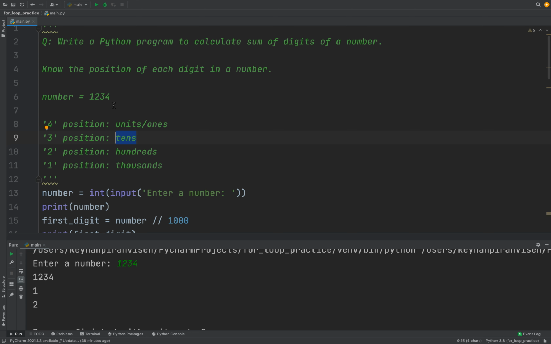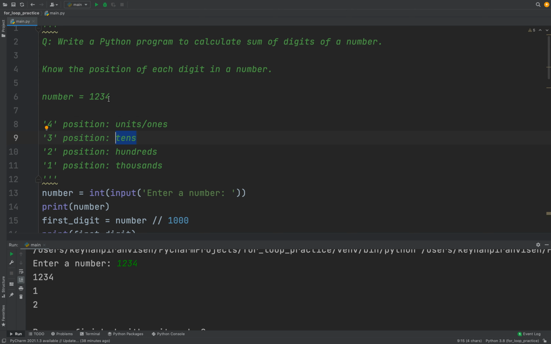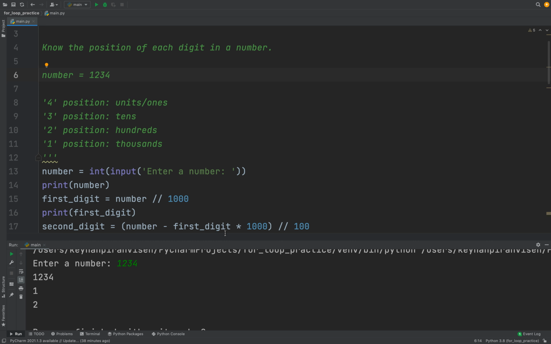I'm going to subtract 200 from that. It gives me 34. And then to get 3 out of 34, I'm going to divide it by 10 and round it down. And it will give me 3.